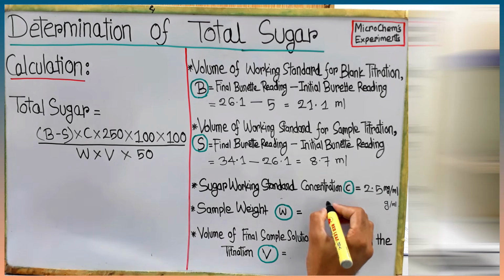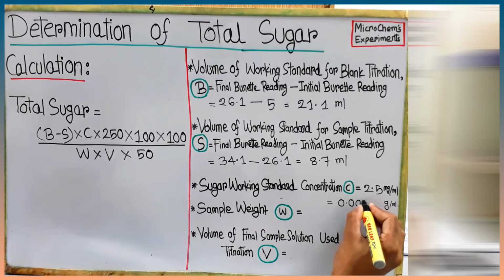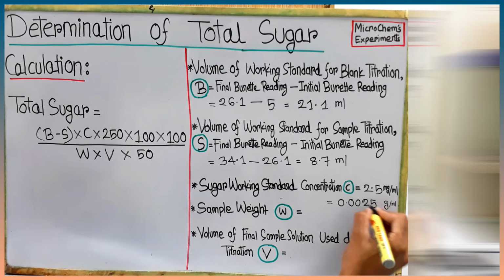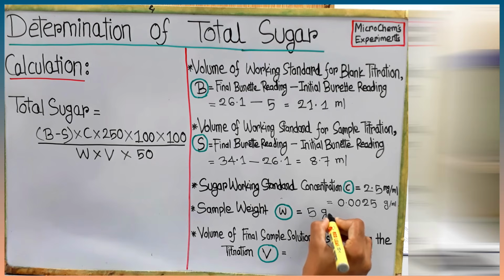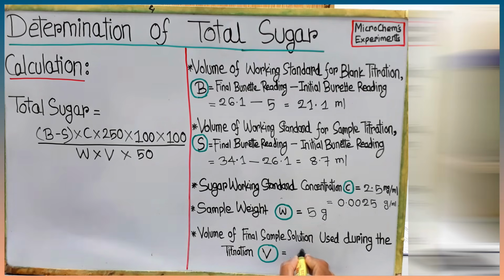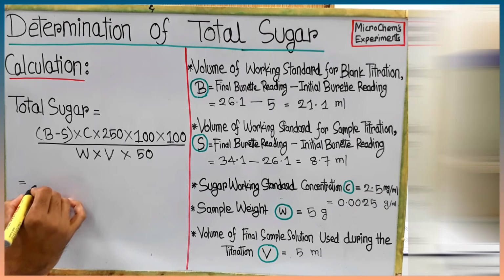By converting it into gram per ml unit, we get the value of C as 0.0025. We used 5 gram sample in the test, that's why W is 5 gram. We used 5 ml final sample solution during the sample titration, that's why V is 5 ml. Let's put these values in the equation given on the left side of the board.